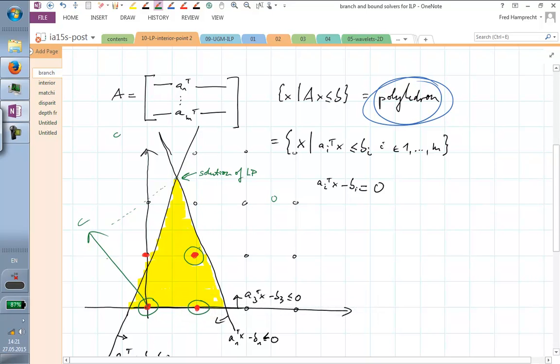And now the question is, if we've already ended up at this point here at the solution of the LP, how can we get to an integral solution? One common heuristic is to simply round.